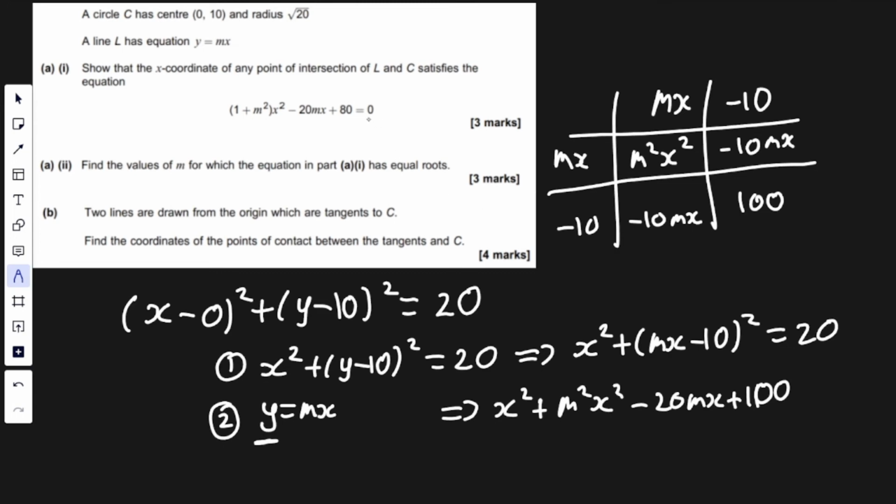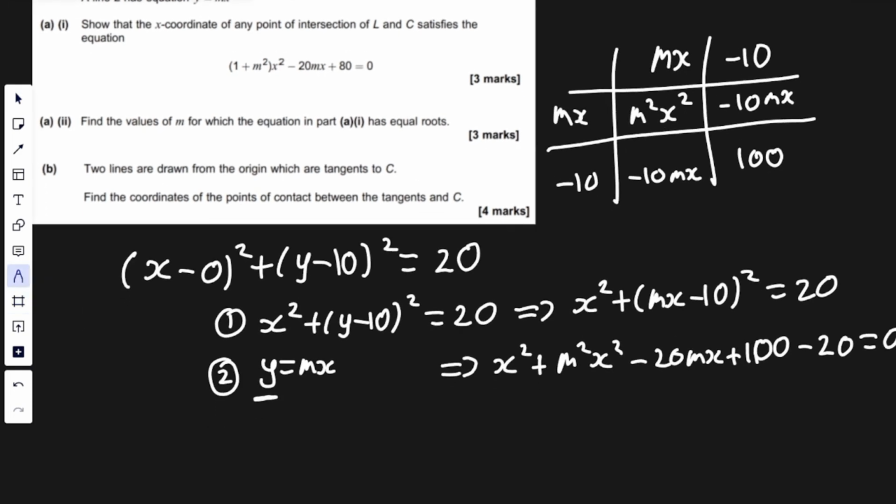And we've got an equals 0, so I'm going to subtract 20. Now if we look at this, what's similar? This is exactly as it should be, and this is going to simplify to 80, so this is exactly as it should be. The final part is making this look the same as this.